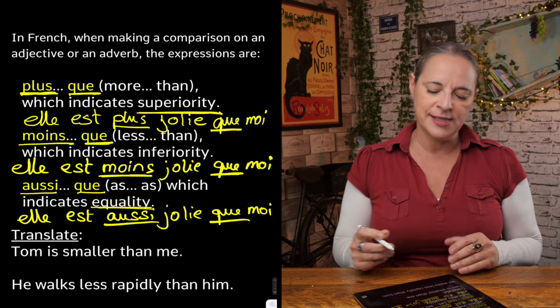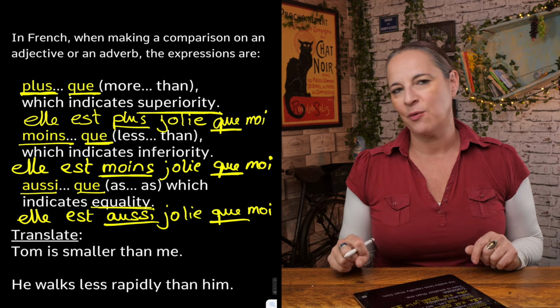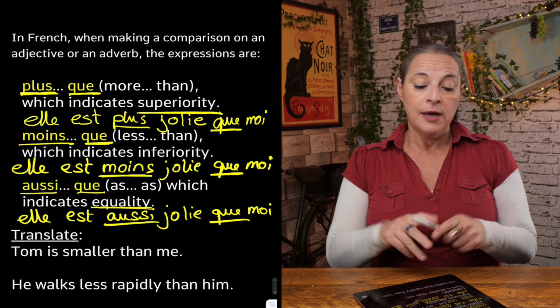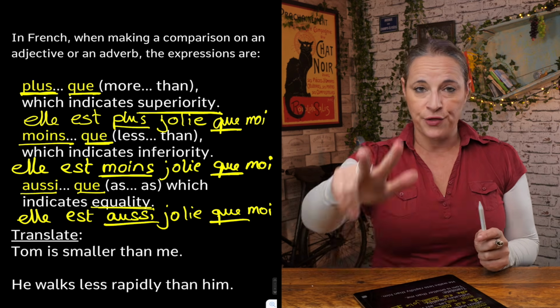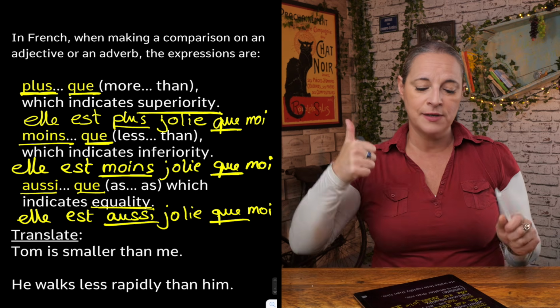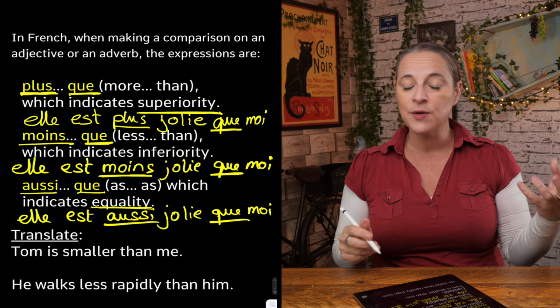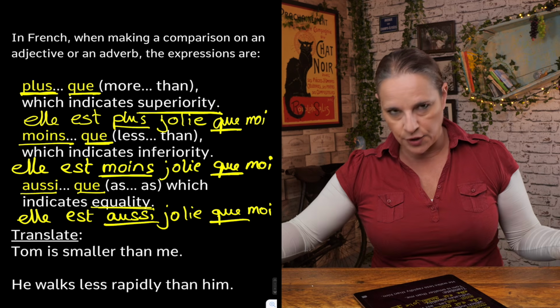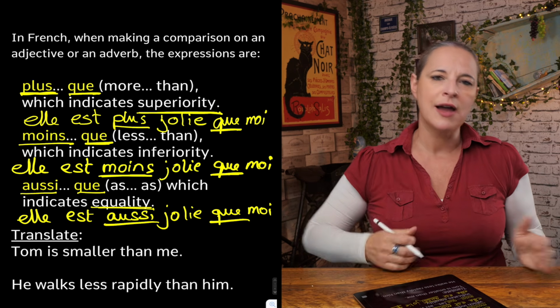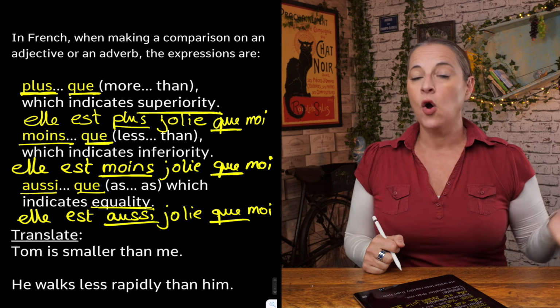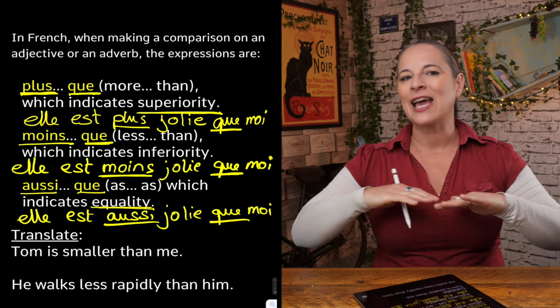So here we're using the equality comparatives, okay? So this is what you have to remember. 3 comparatives: supériorité, infériorité, equality. And how do we do that? Plus que for supériorité, moins que for infériorité, aussi que for equality.